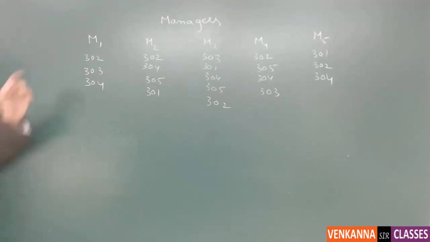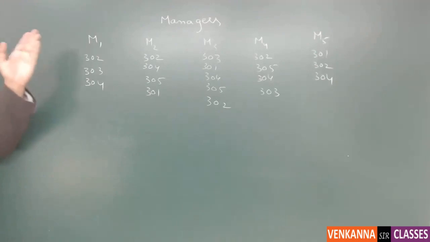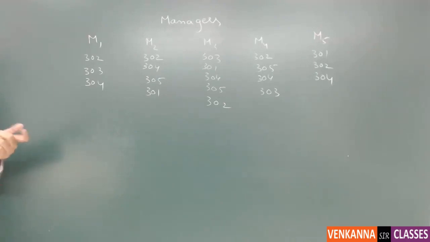The company has 5 managers, say M1, M2, M3, M4 and M5. In the floor allocated to them in the building, they have certain rooms available, especially on the 3rd floor. Room number 1 to room number 5 are allocated: 301, 302, 303, 304, 305.